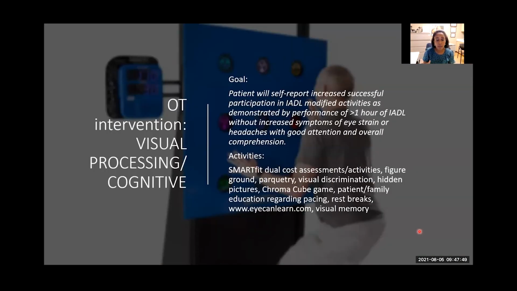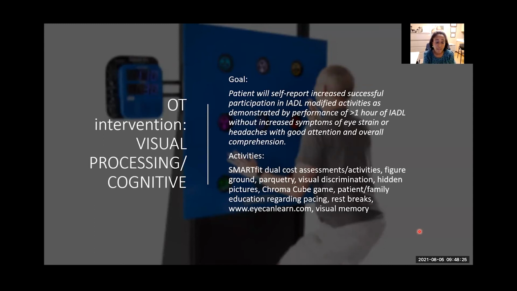So lastly, thinking about binocular skills, accommodative skills, I want to go ahead and think about visual processing and cognitive skills as well. So how are we utilizing the information that we've gathered and using that in our processing performance? In this example, I love using the SMARTfit, it ties it all together. There are ways that I can incorporate some cognitive activity, some binocular activity, near and far activity with the SMARTfit.